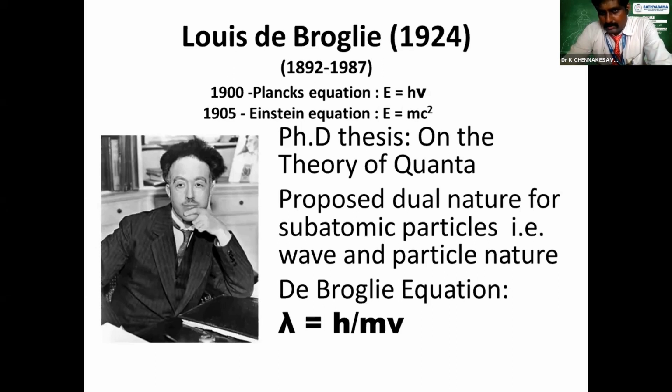Okay, this is what he has compiled or correlated the Planck's equation with Einstein equation. E is equal to h nu and E is equal to mc square. Then if we equate both, finally lambda equal to h by mv we get here.